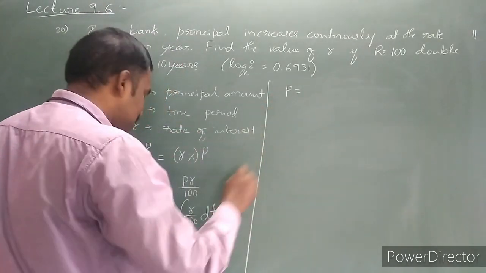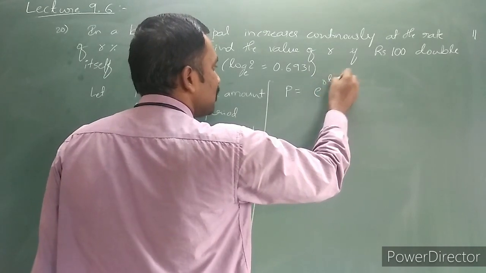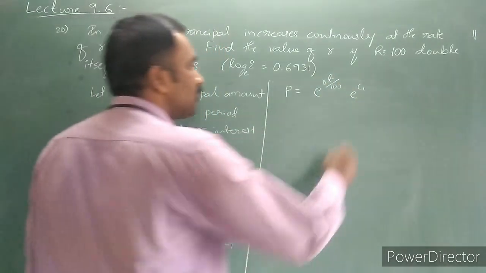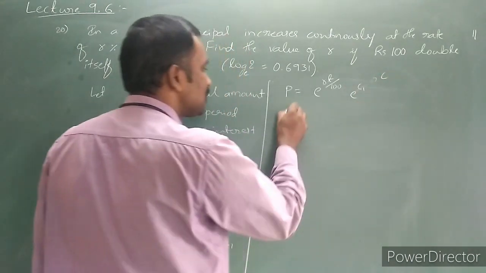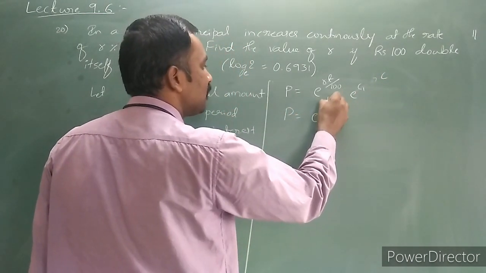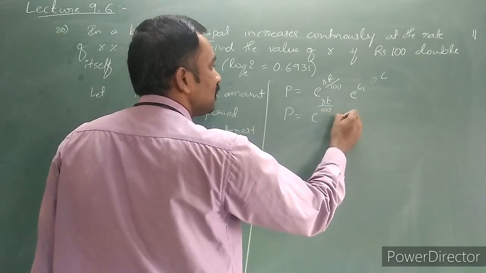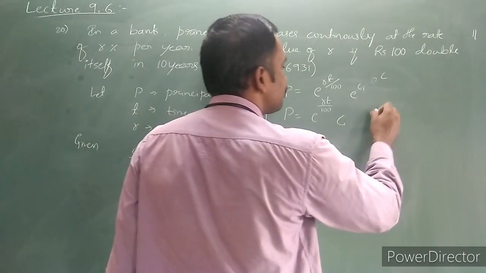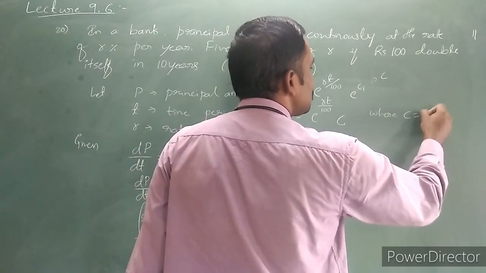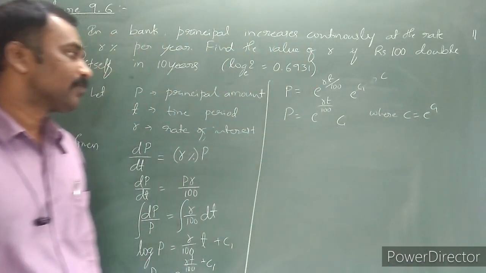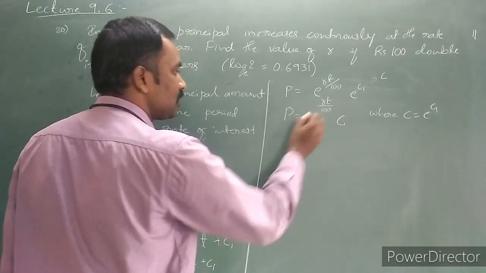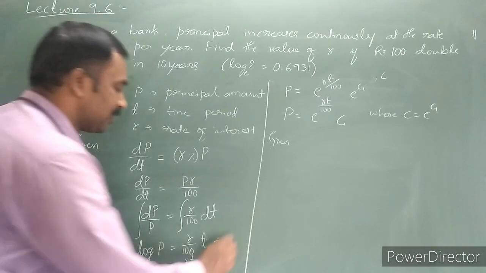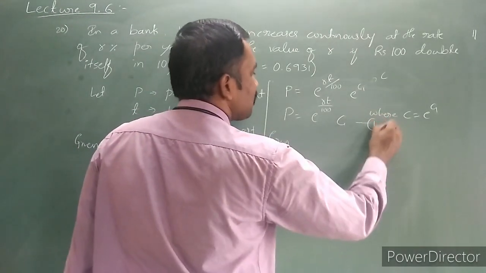So the principal amount is equal to e power rt divided by 100 into e power c1. e power c1 I can write as only C. So P is equal to e power rt by 100 into the integration constant C, where C is equal to e power c1. Okay, now I just call this equation number 1.